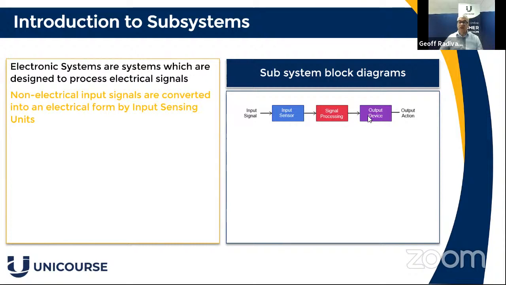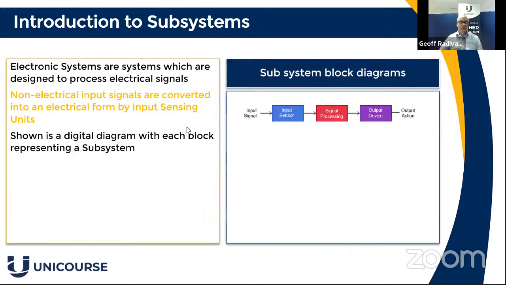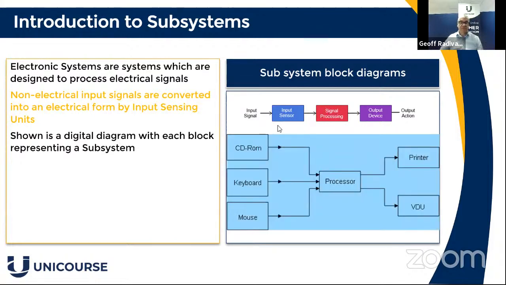And then it decides, is it going to switch the pumps on or not? It's a digital diagram in this case. It doesn't have to be digital, it can be analog, but in this case, we can say it's digital. And each one of these represents a subsystem.